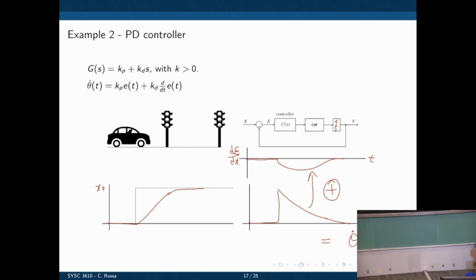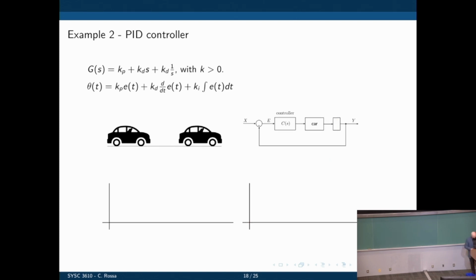Now, I mentioned that when we drive, we use the derivative. We control the speed of the throttle rather than the actual position. Let's see what happens if we control the position directly. So the input to the car is not the speed of the throttle, it is actually the position itself. And now the job is a bit different.